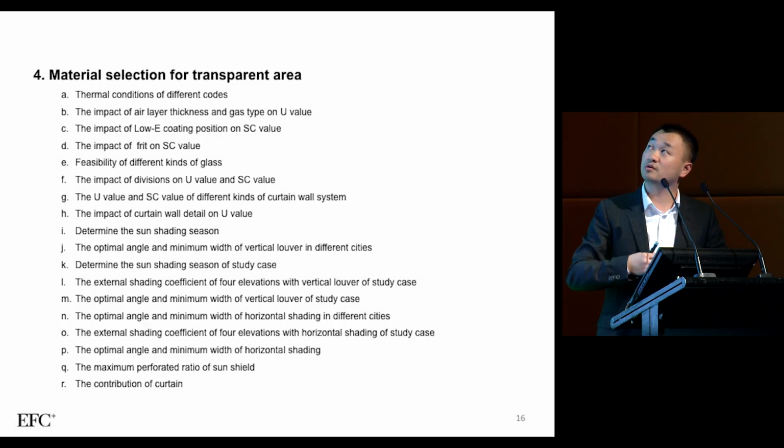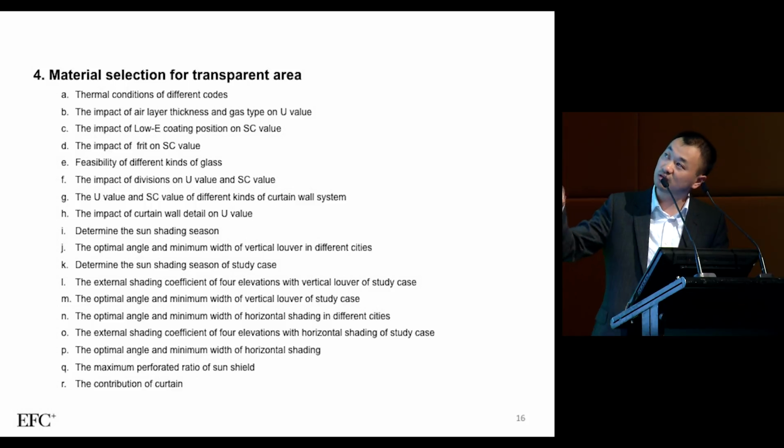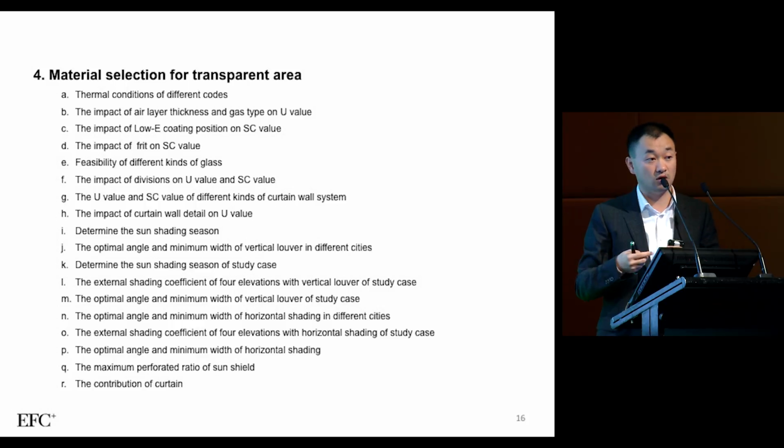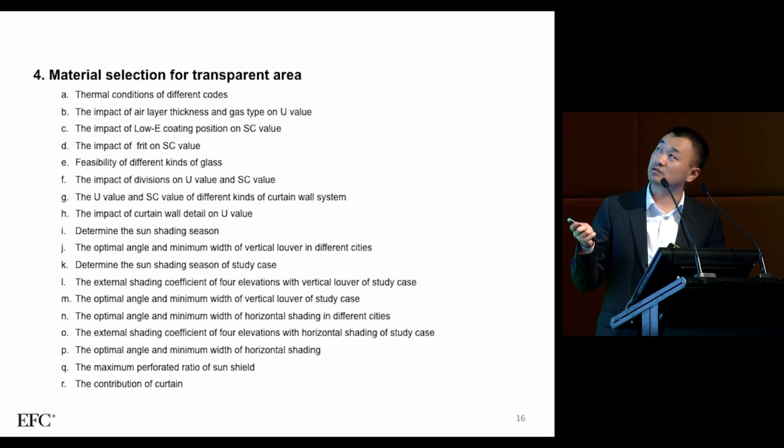And for material selection, for transparent area, actually, it's many different factors. We separate them into different aspects. Like we have to follow different kinds of codes. The code in USA and the code in Europe and maybe the code in China. It's different codes.